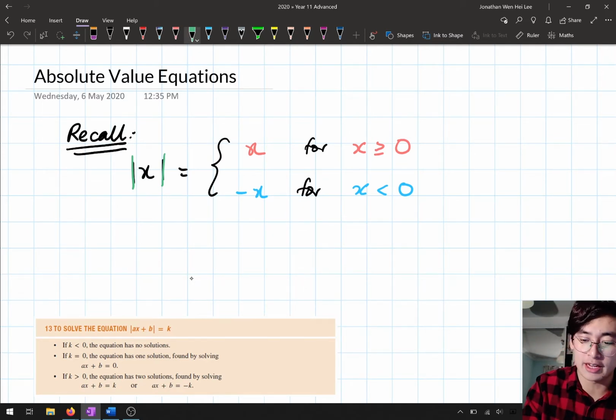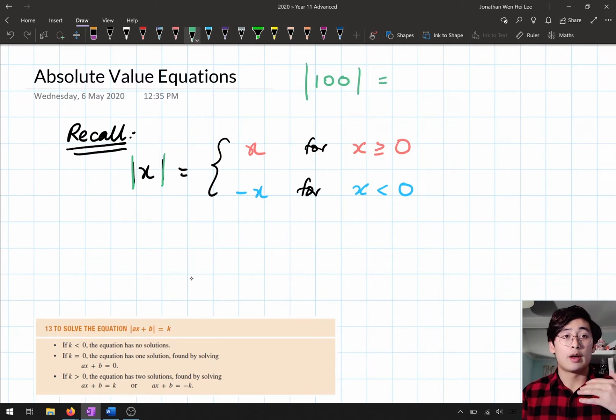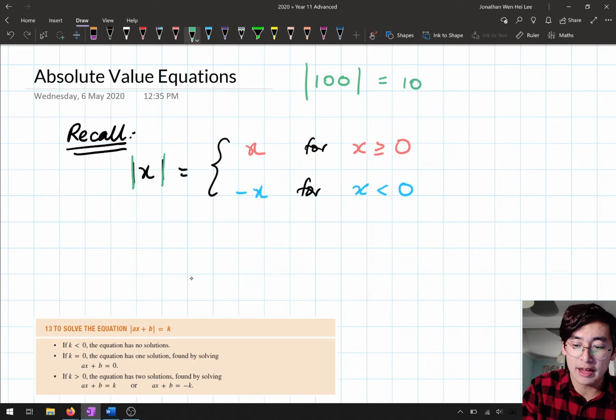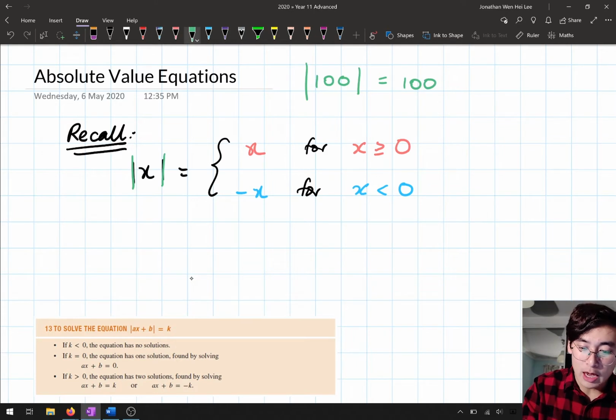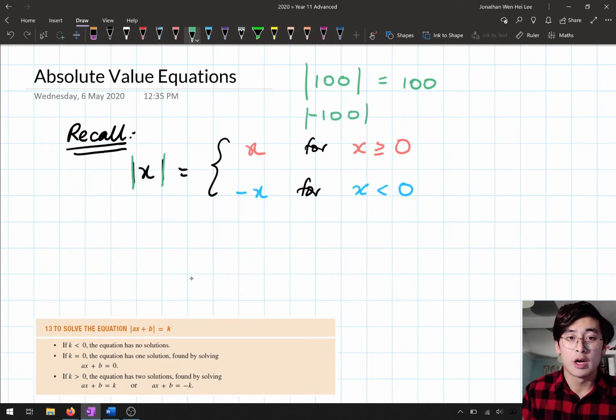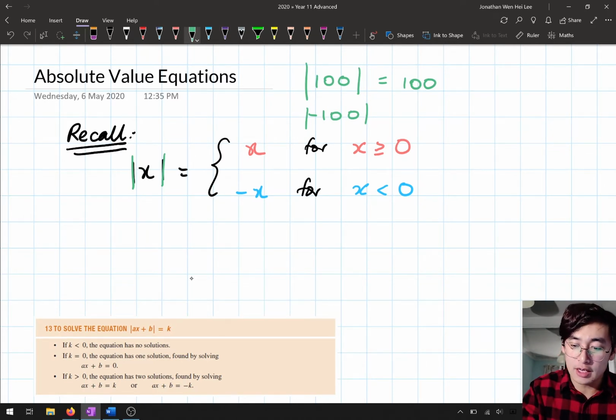So for example, if I take the number 100 and I put it in the absolute value function, what's going to plop out is 100 because that is the magnitude or size of that number. 100 has just a size of 100. But if I also take negative 100 and put it inside my absolute values, well, the size of that number is just 100 and I ignore the negative sign.